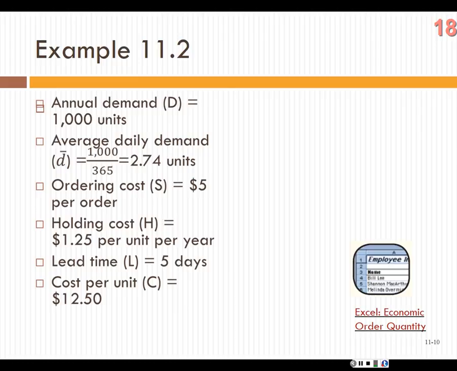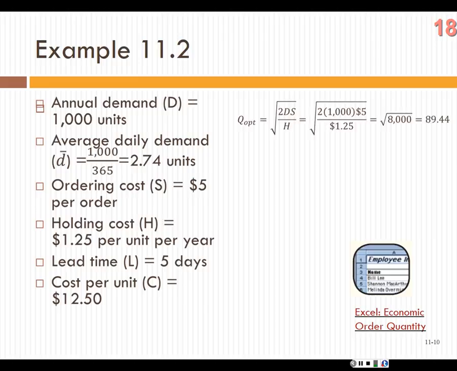And our average daily demand is 2.74. So our reorder point then is going to be 13.7 units. Okay? And in the real world, of course, you couldn't order 7/10 of a unit. But just pay attention to what Connect asks you to do, whether or not it asks you to round off at a number or with a calculation. Okay?